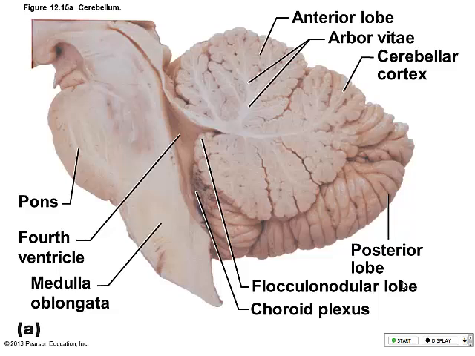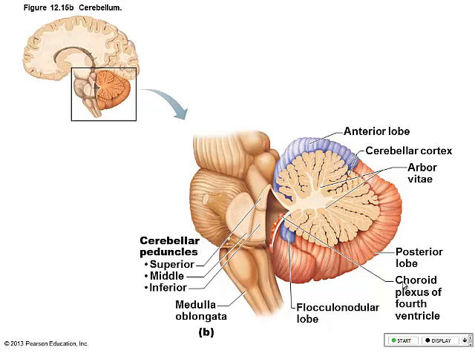We see white matter tracks from a whole bunch of different areas, helping to coordinate movement. This is a nice little picture of that as well. And again, we see the connection between those central brain white matter tracks and the cerebellum.